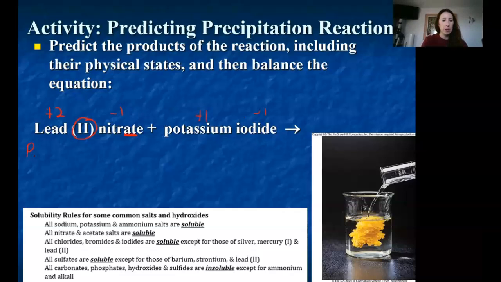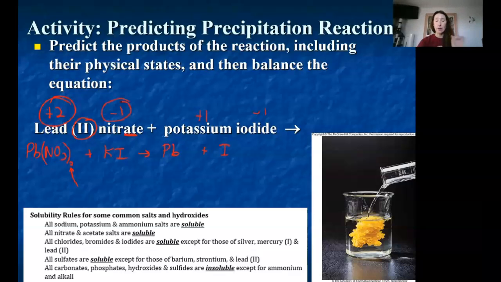So this is going to be Pb(NO3)2 plus KI. And then we need to flip our anions. So we have Pb plus I. Really important here before I go on: the reason this 2 is here is because lead's charge is +2 and nitrate is -1.